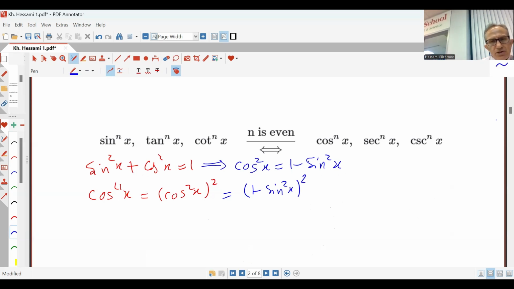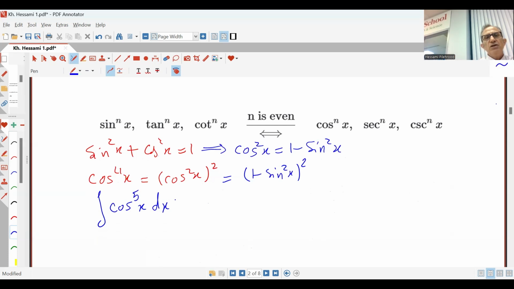Now, with this equation in mind, consider the integral of cosine to the power of 5x dx. As it is written, we don't know how to solve it.